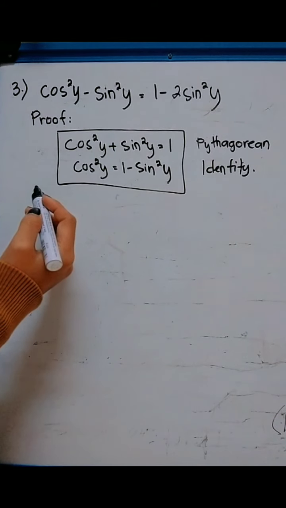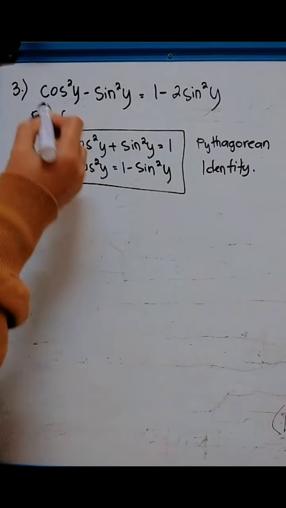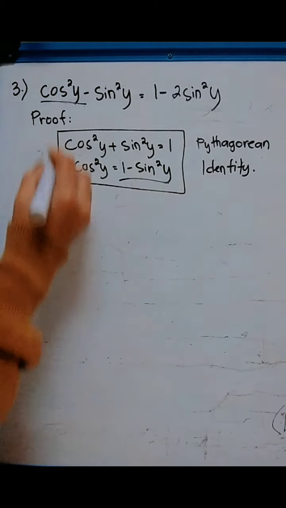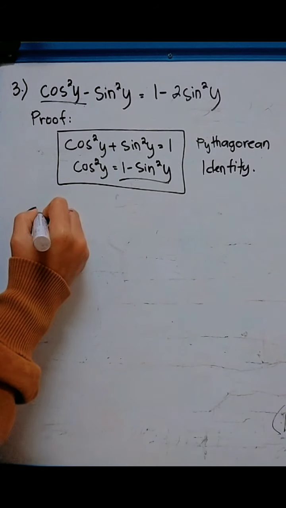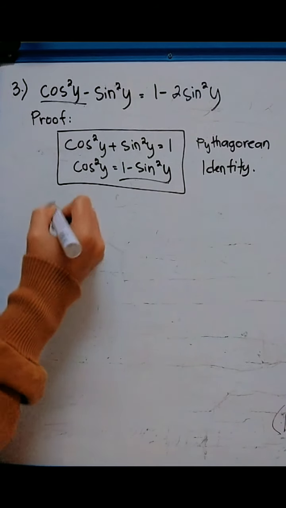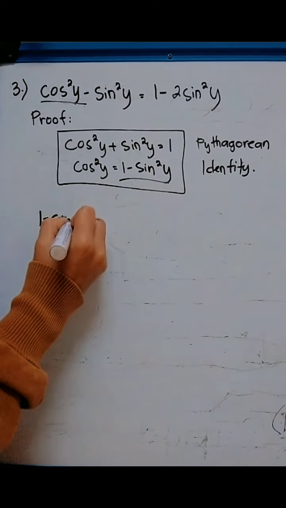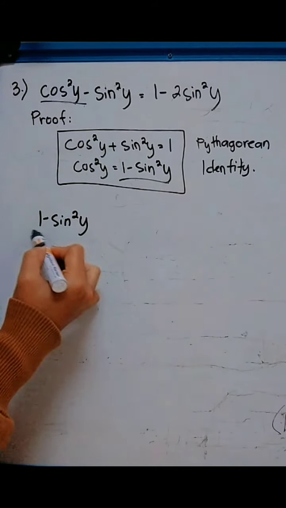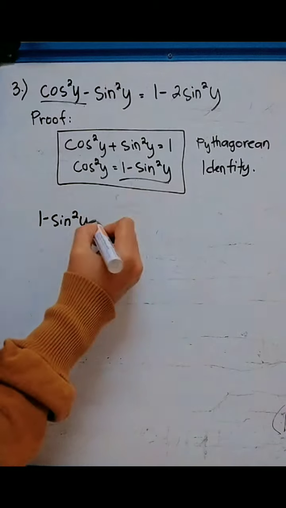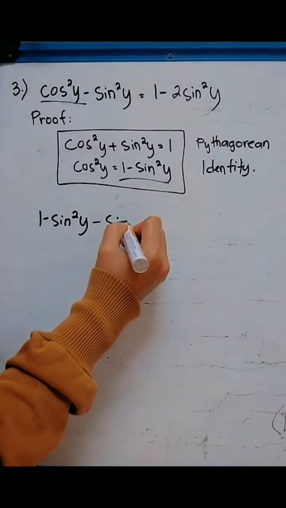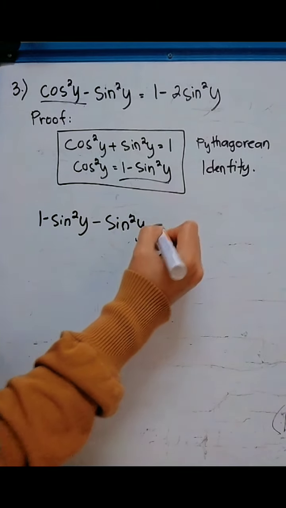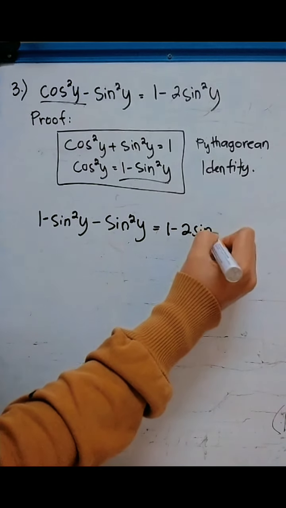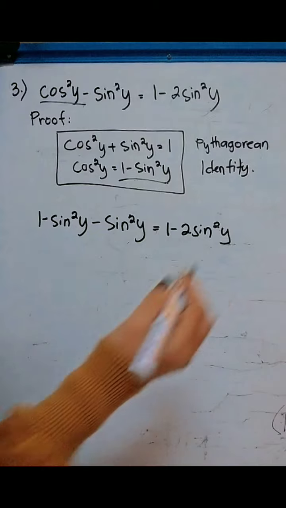So in our equation, we can replace cosine squared y with this. So our cosine squared becomes like this. Then just copy the minus sine squared y equals 1 minus 2 sine squared y.